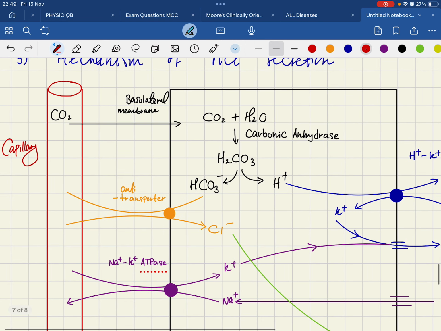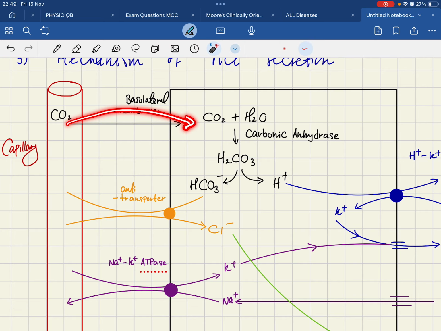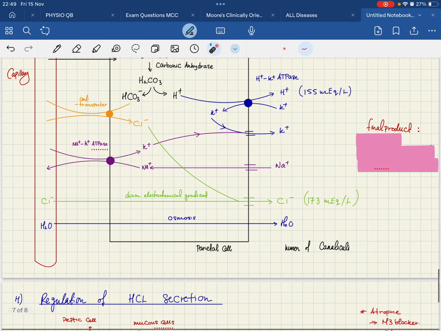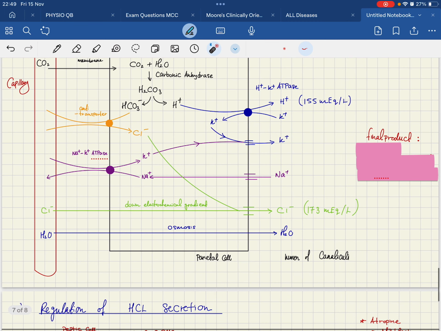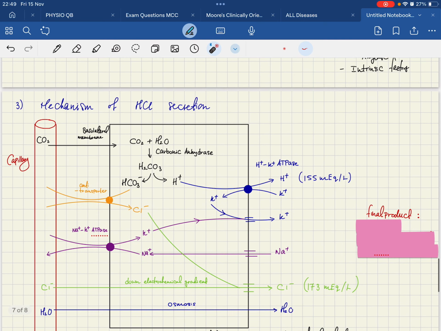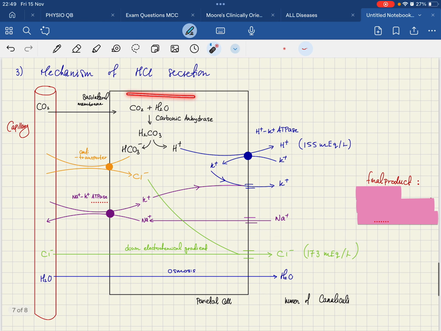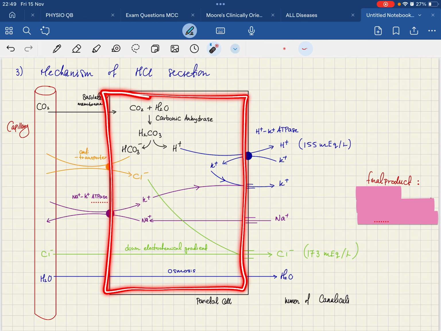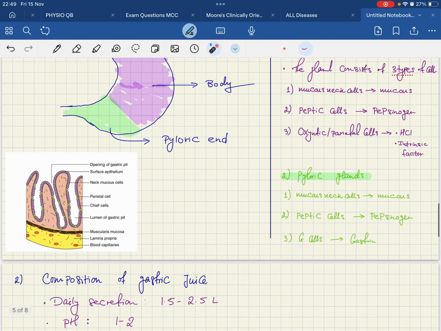There will be transport of carbon dioxide. First let's have some perspective. This is a capillary. This will be your parietal cell, which is the cell which forms HCl. Earlier we discussed it.